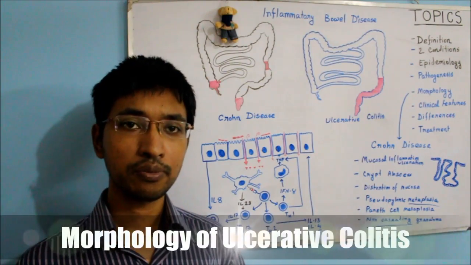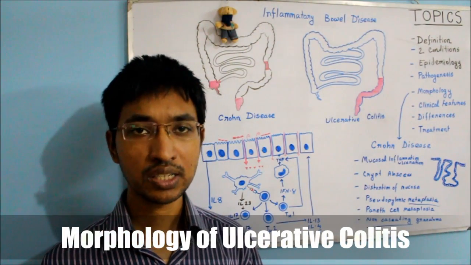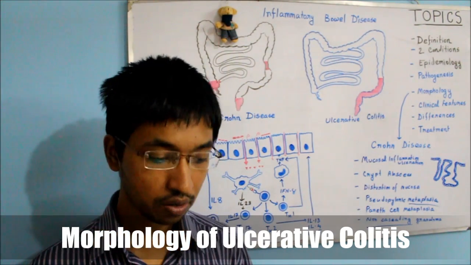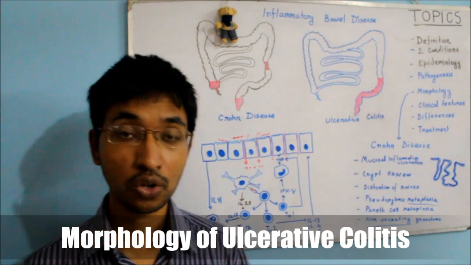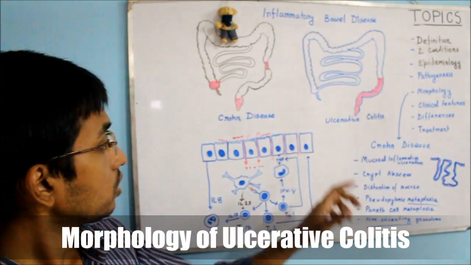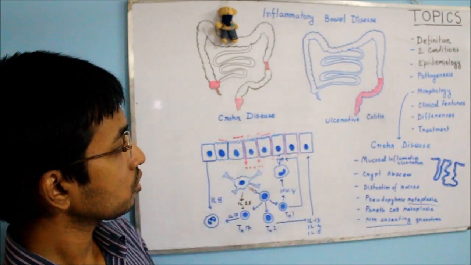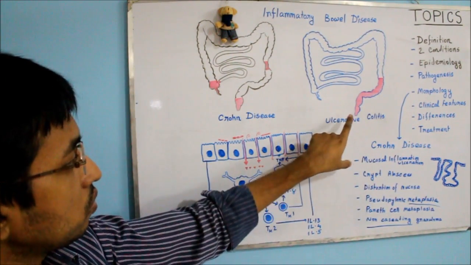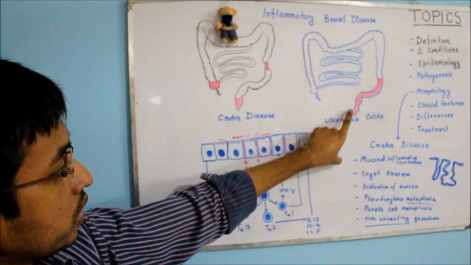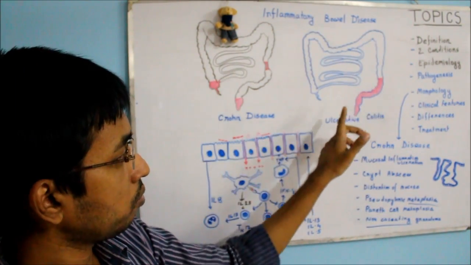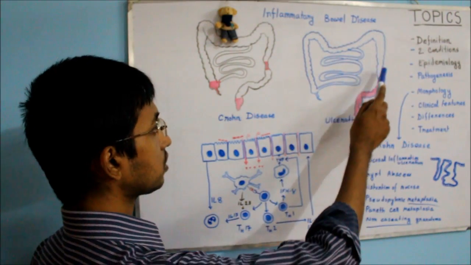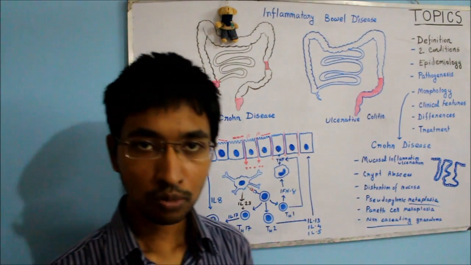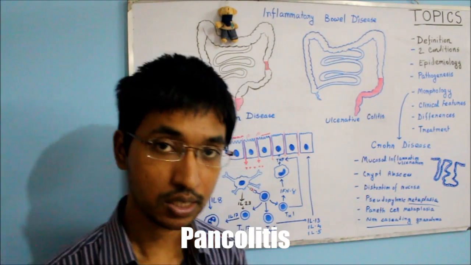Now always remember the lesions of ulcerative colitis are continuous. Therefore, we won't see any skip lesion here that we had seen in case of Crohn's disease. So this image is denoting the distribution of ulcerative colitis. As you can see, it involves the rectum and also extends in a retrograde fashion proximally. Sometimes the entire colon up to this part can be involved, and that is known as pancolitis.